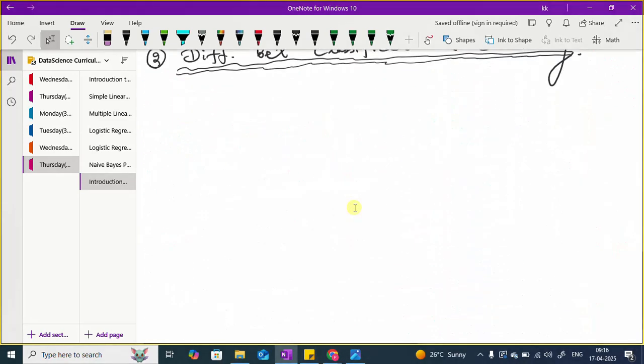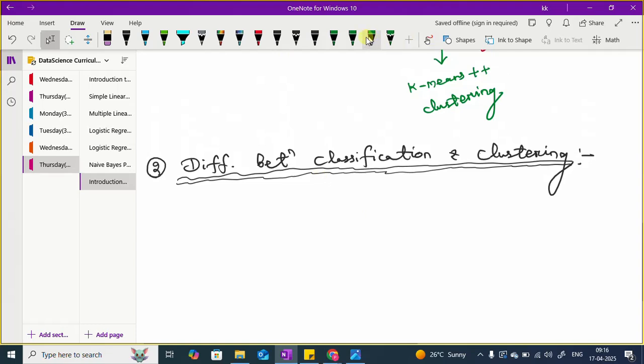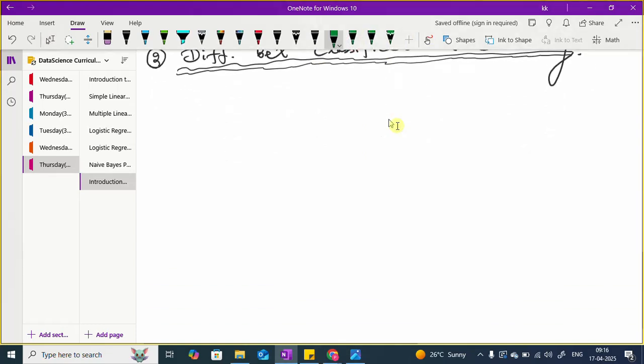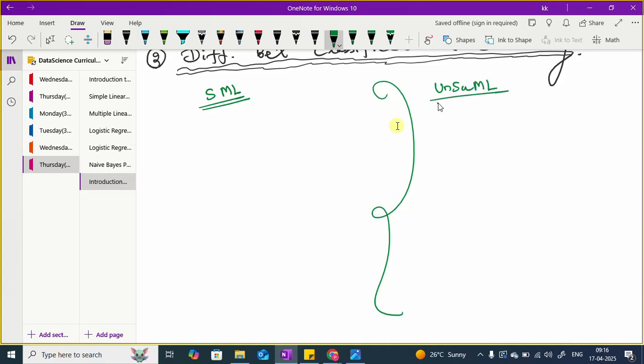Generally, what happens, guys, in case of supervised machine learning, this is unsupervised. Here we know the different classes. For example, just try to recall.